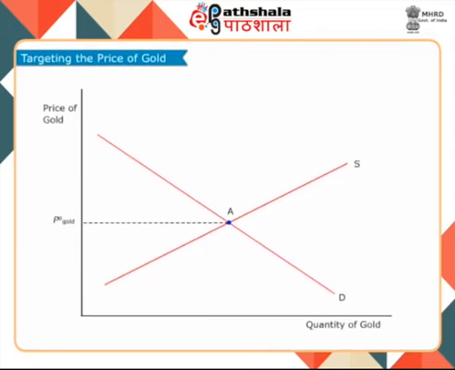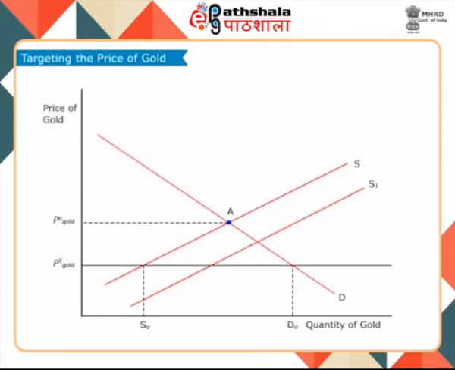The target price of gold is PT gold, which is below the initial equilibrium, meaning there is an excess demand, D0 minus S0, for the gold that the RBI must fulfill by selling gold to the public. As the public trades rupees for gold, the money supply is reduced. Eventually, the overall price level declines, shifting the gold supply to S1 and gold demand to D1, with an equilibrium price of gold equal to the target price at point B.